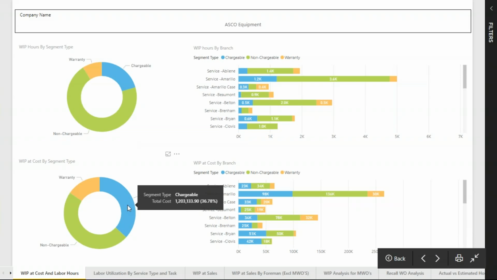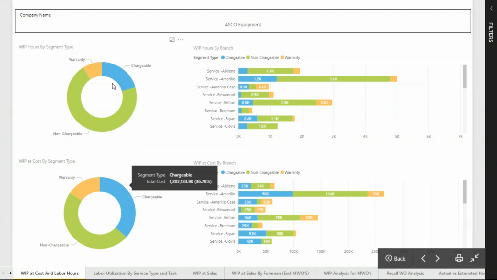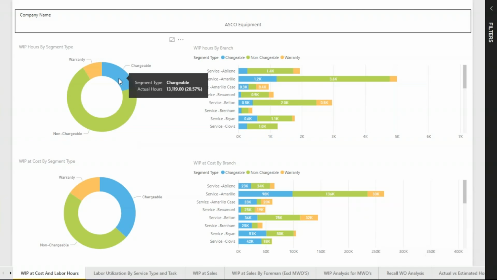So in terms of cost, essentially they say about 65 or 70% of your orders should be chargeable, and they give you that breakup of how you're doing in terms of hours and cost. But unless you process the monthlies, it's going to look weird.